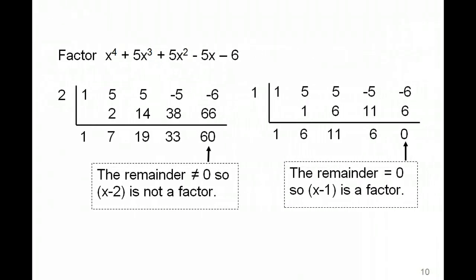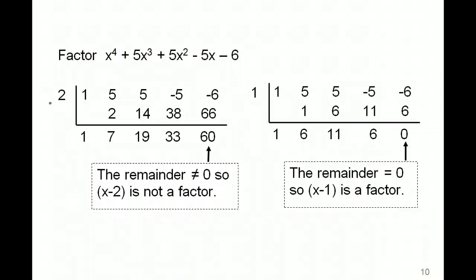Okay, let's look at this problem. It says factor x to the 4th plus 5x cubed plus 5x squared minus 5x minus 6. Now, if I'm going to factor that, I'm going to divide by some binomials: x minus 1, x minus 2, x minus 3, x plus 4, x plus 6, whatever.